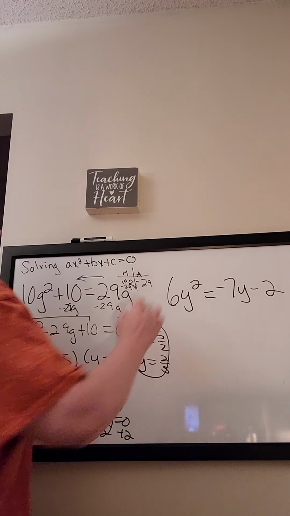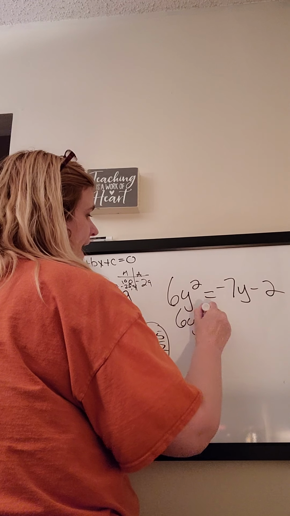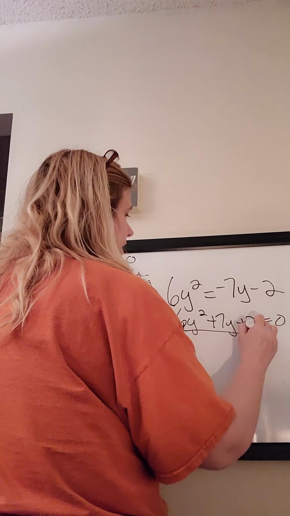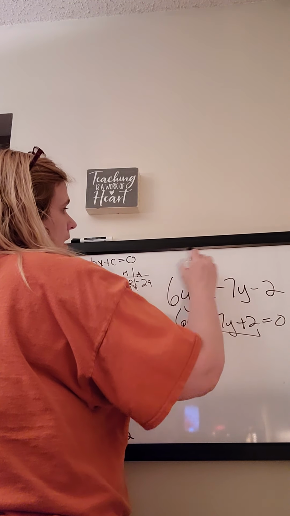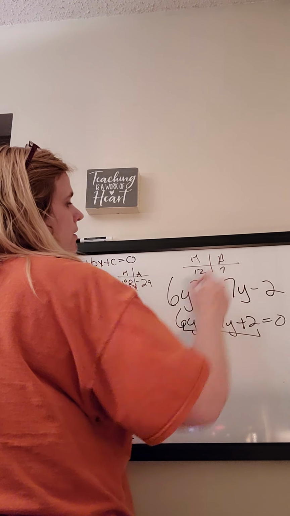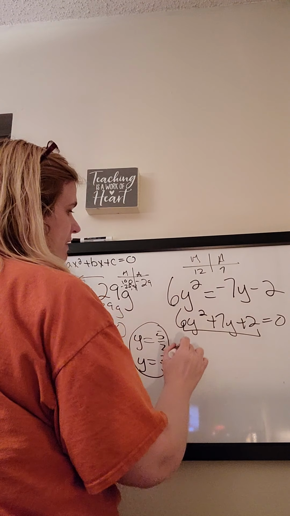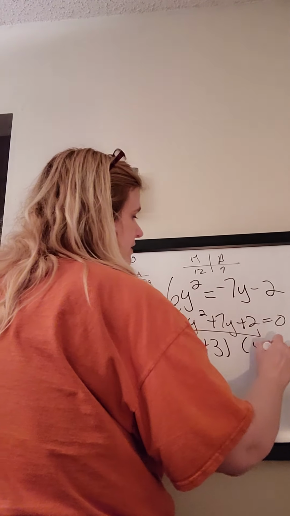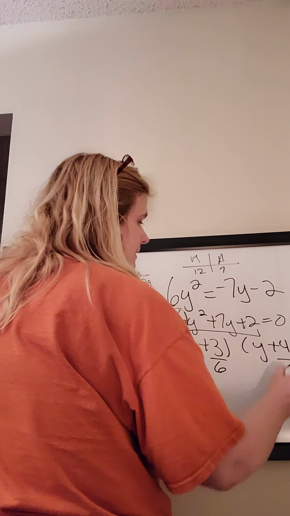Okay, for this one, we need to be in standard form first. So we're going to add 7y and add 2. They have to multiply to be 12 and add to be 7. So 3 and 4, and this is all plus. So I'm going to write this as if that 6 wasn't there. y plus 3 and y plus 4. Now I divide the numbers by 6 and simplify if possible.